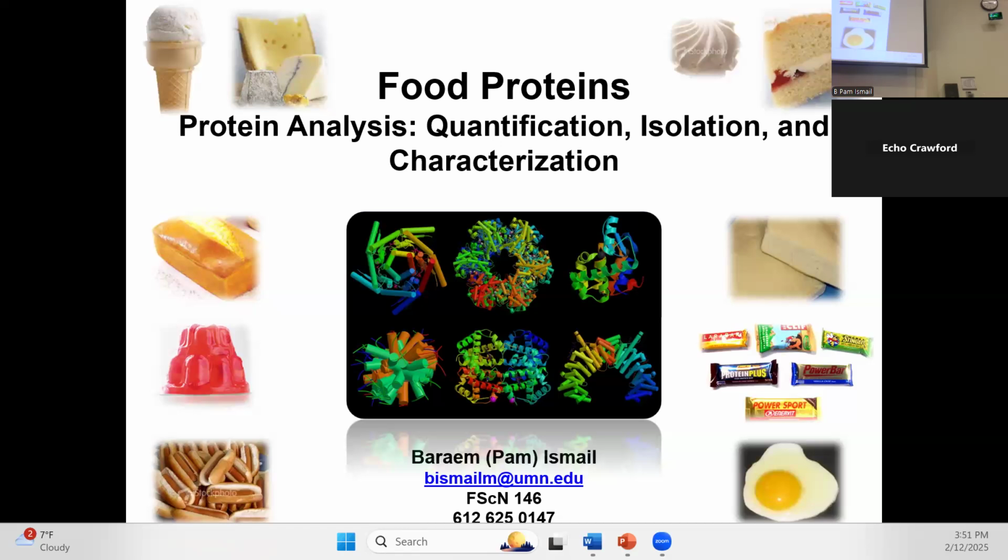The water holding, we're going to cover this later on, don't worry, in the functionality section. But with water holding, you are holding water in a 3D network. So in a gel, you hold the water physically in traps. Water binding is the actual chemical binding of the protein molecule with the water via hydrogen bonds.